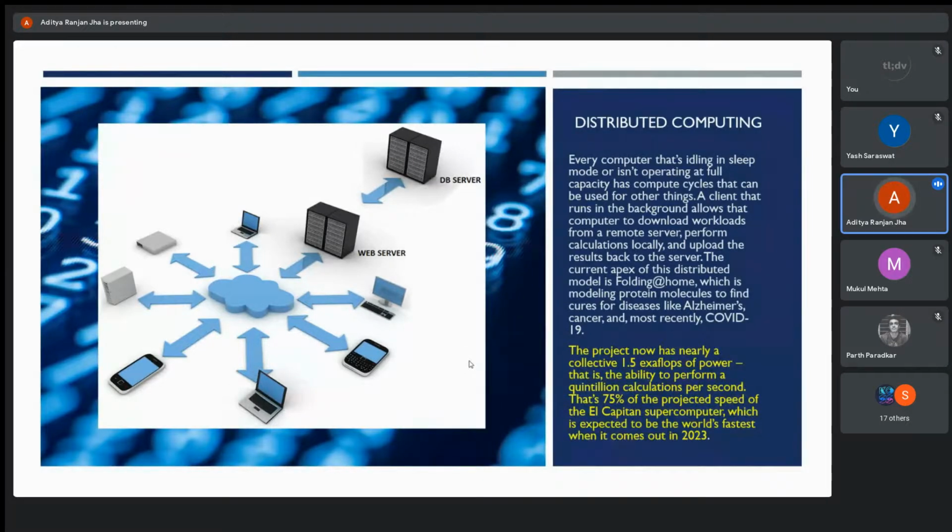A distributed computing system is one where all the jobs are divided into piecewise operations and distributed to many computers. If I have to perform a plus b, I'll calculate a, you will calculate b, and we would submit to the server, which would store a plus b. That's what a distributed computing system is in short.